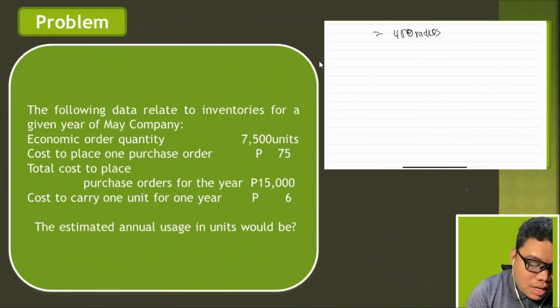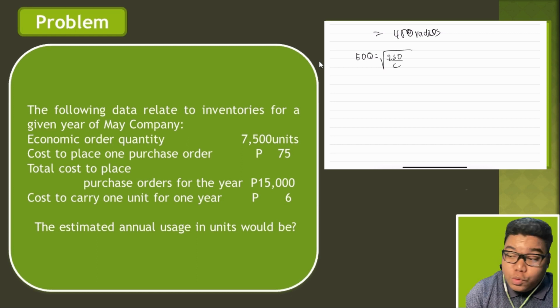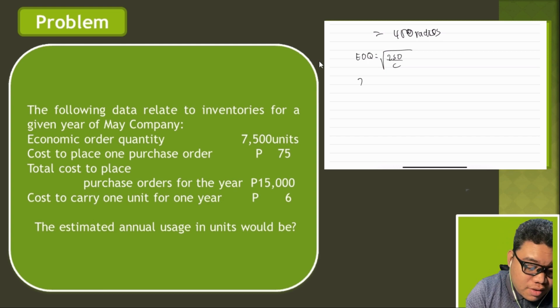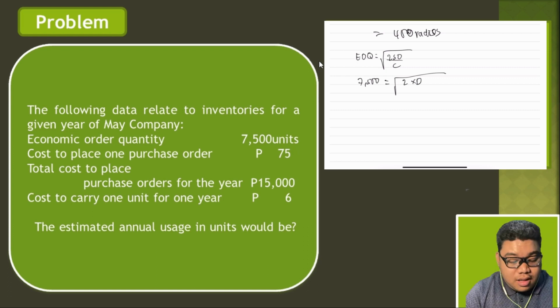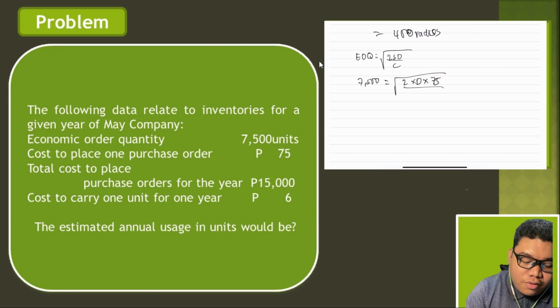The formula of EOQ would be square root of 2SO over C. Now, we have our EOQ of 7,500 units is equal to square root of 2 multiplied by the demand, which is not here, the sales, then multiplied by the ordering cost, which is 75, over carrying cost of 6.